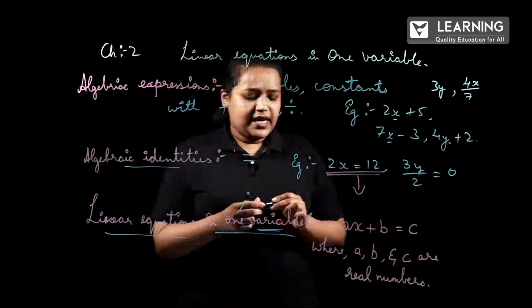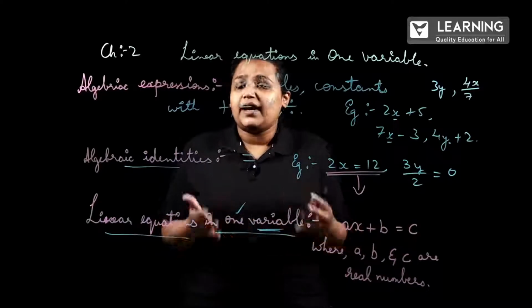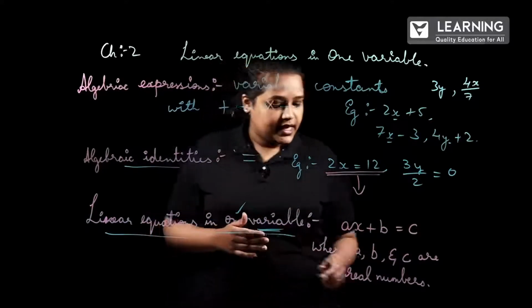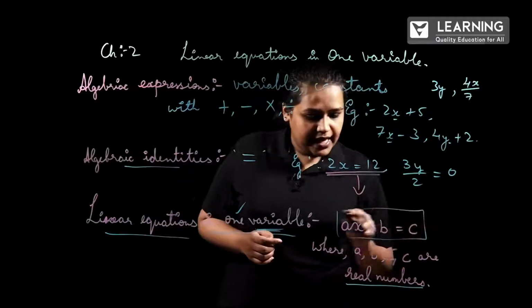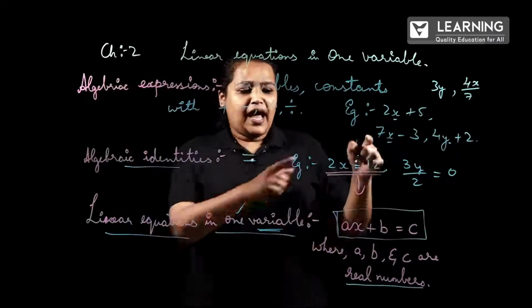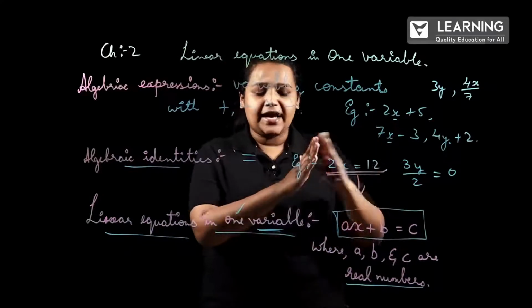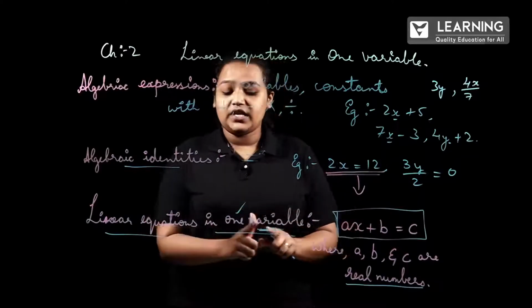So the numbers can be plus, minus, divided by, multiply, whatever it is, right? So it will be real numbers and the form will be ax plus b is equal to c. This type of expressions are linear equation in one variable.